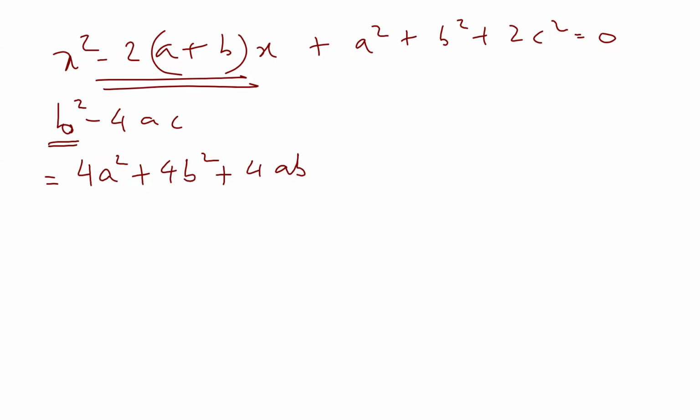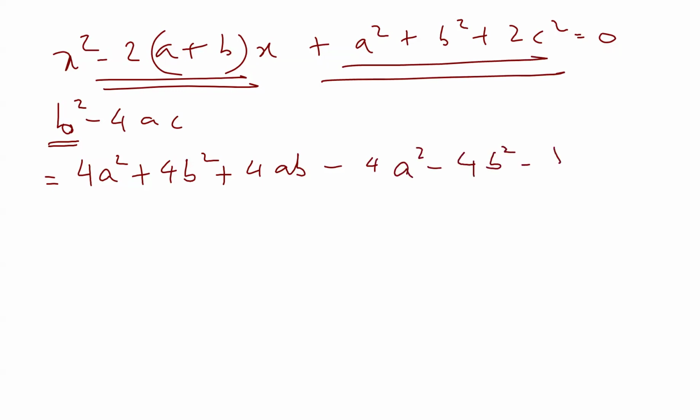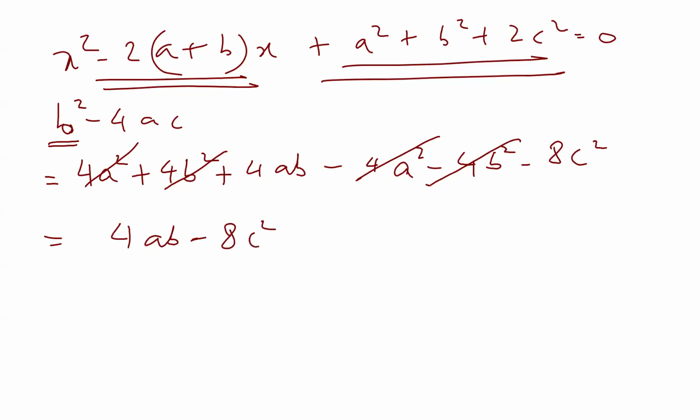Minus 4ac, a is 1. So minus 4a square minus 4b square minus 8c square. Okay. So 4a square gone, 4b square gone. So 4ab minus 8c square.